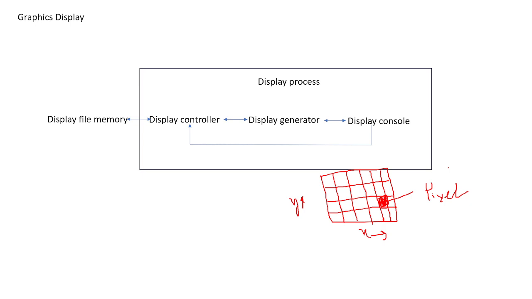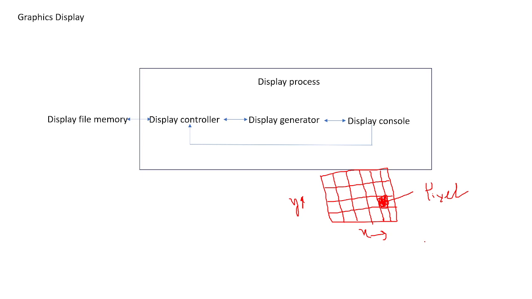So we can say from the figure itself, say for example it is a picture, it's divided into thousands or millions of pixels to display, arranged in rows and columns. From the figure we can say that very clearly, right? And pixels are combined to form a complete image, video, text, or any visible thing which we want to display. This is the main concept of the raster scan display.